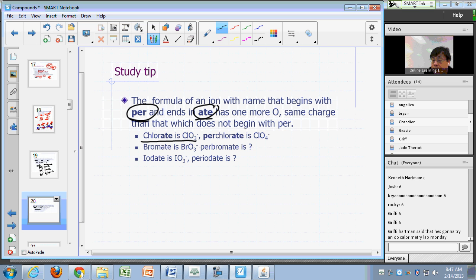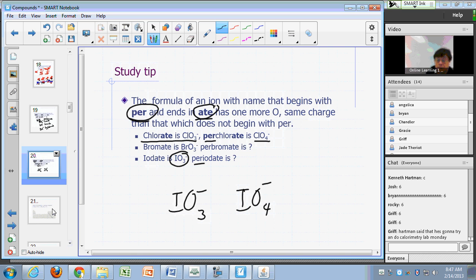So chlorate is ClO3 negative 1. Perchlorate is ClO4 negative 1. So if iodate is IO3 negative 1, then periodate would be IO4 with a negative 1 charge. Okay.